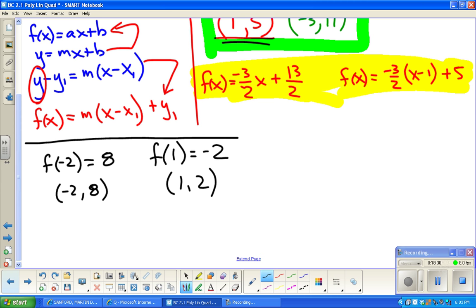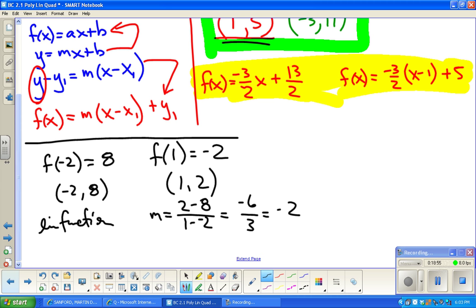If I was looking for a linear function for this, I need to find the slope: 2 minus 8 over 1 minus negative 2. So this is negative 6 over 3, which is negative 2. And if I'm going with point slope form, which I love, y minus 2 equals negative 2 times x minus 1.